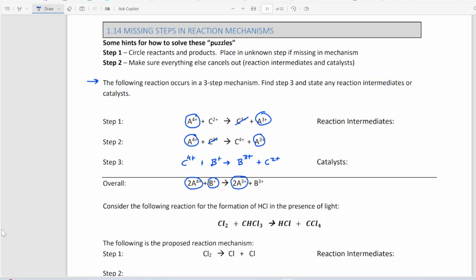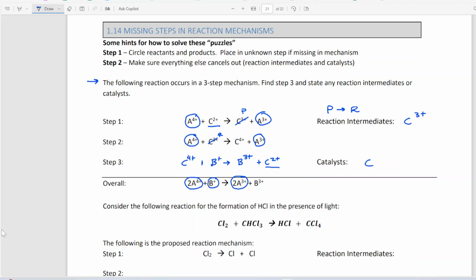And then I want to identify, were there any reaction intermediates? Were there any catalysts? So remember, a reaction intermediate is something that's produced and then later consumed. So my C3+ was a product first and then a reactant. So C3+ will be a reaction intermediate. C2+ is introduced as a reactant and then leaves at the end as a product.